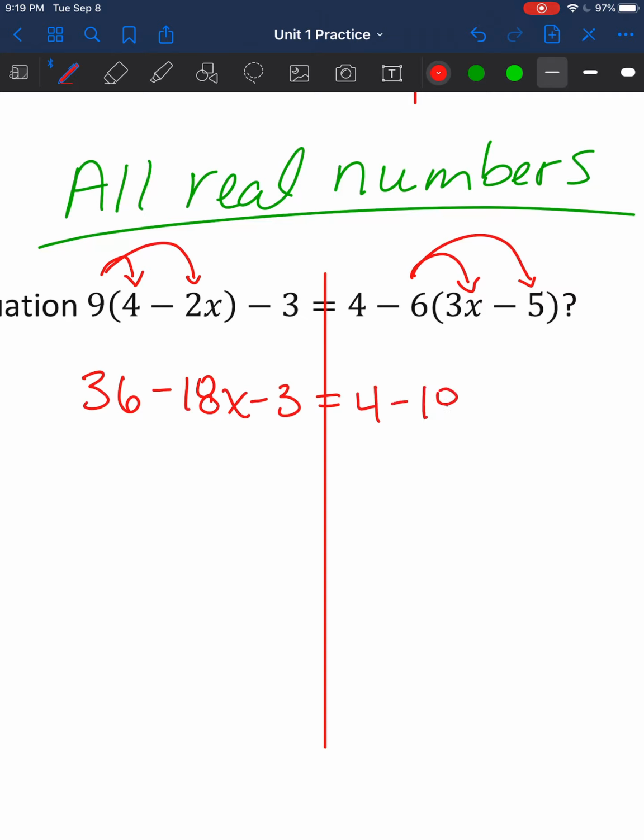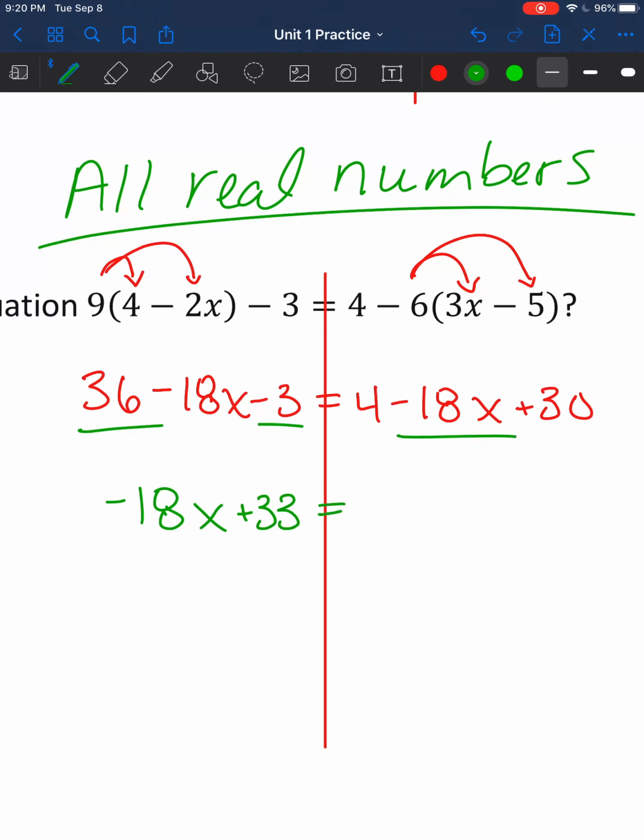Negative 6 times 3x is negative 18x, and negative 6 times negative 5 is positive 30. If we combine like terms, I get negative 18x plus 33 equals negative 18x plus 34.